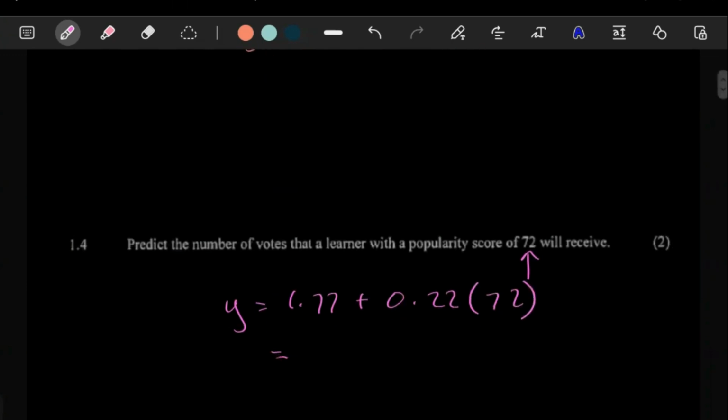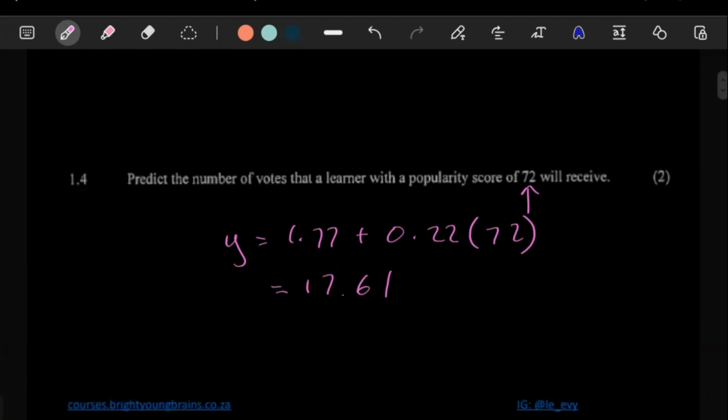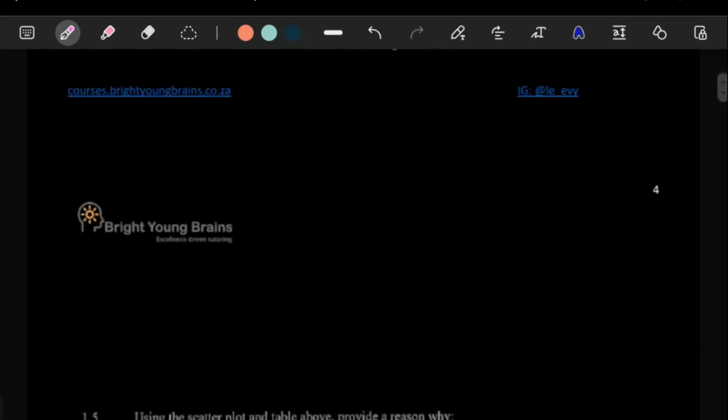All this in the calculator. Let's see what it is giving us. That's like 17 point something, 17.61, and you have to round it off to 17. The reason is you cannot have 17.61 votes. You have to calculate the full votes that you got, 17. So that's okay. Let's keep moving.